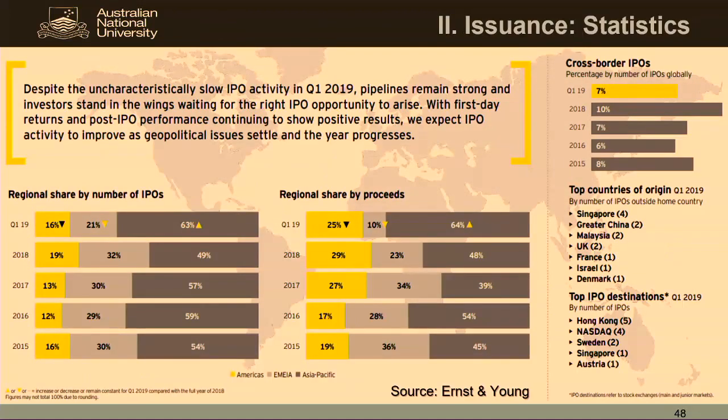So these are all the interesting additional features that you would have to think about in choosing the markets you go to. These are some of the statistics on cross-border IPOs over time. Top countries of origin are Singapore, Greater China, and Malaysia, and top IPO destinations so far are Hong Kong, NASDAQ, Sweden, and Singapore. That's the trend for 2019.